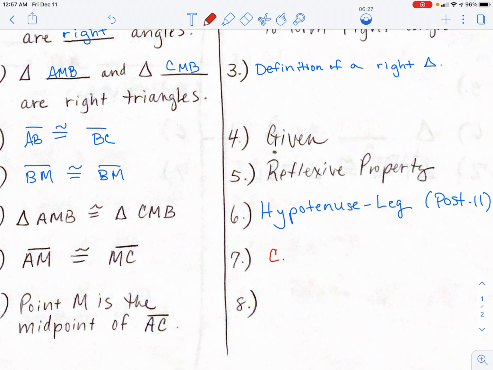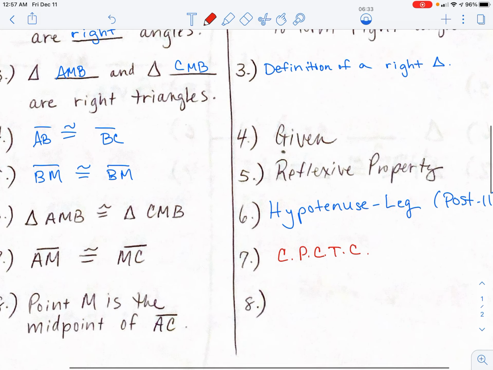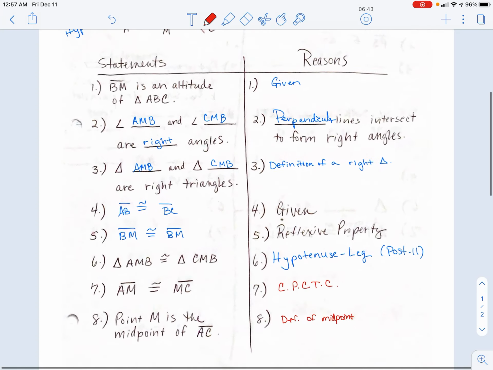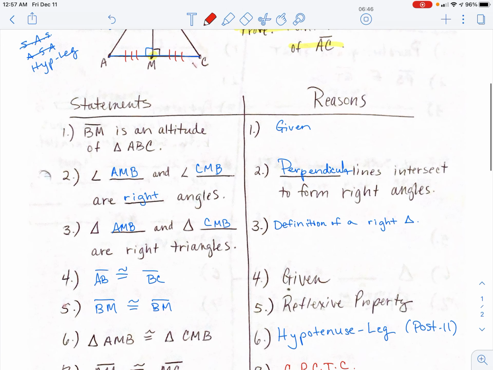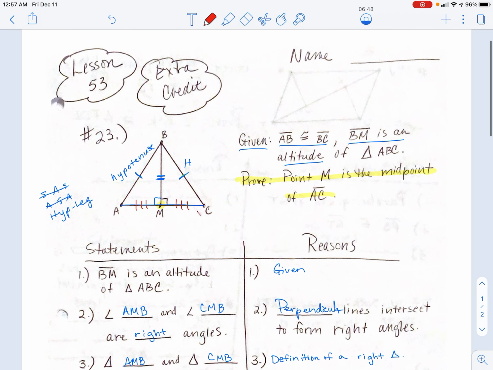That's corresponding parts of congruent triangles are congruent. And point M is then the midpoint of AC. And the reason for that is simply the definition of a midpoint. And that sums it up for number 23 from lesson 53.